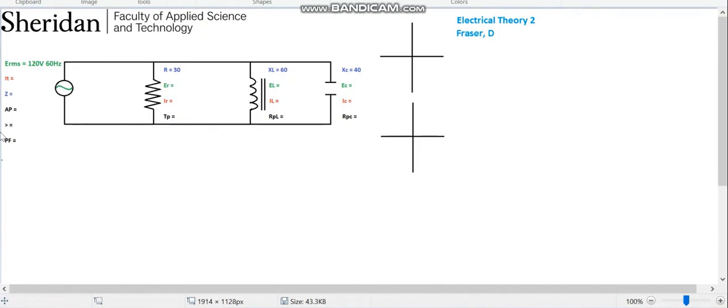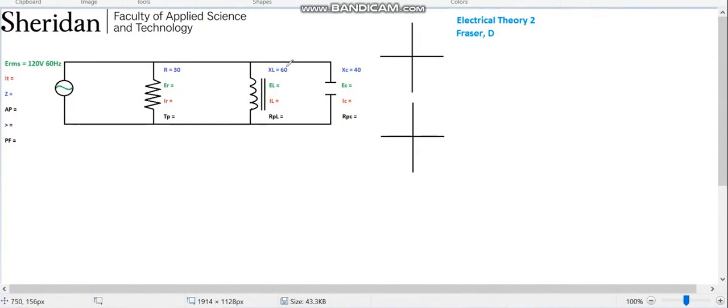Where's my cursor hand? There we go. So I look at this and I go, okay, I've got 120 volts. I know my resistance here. I know my voltage, and of course I'm parallel. So if I know my voltage here, I can find my current here.